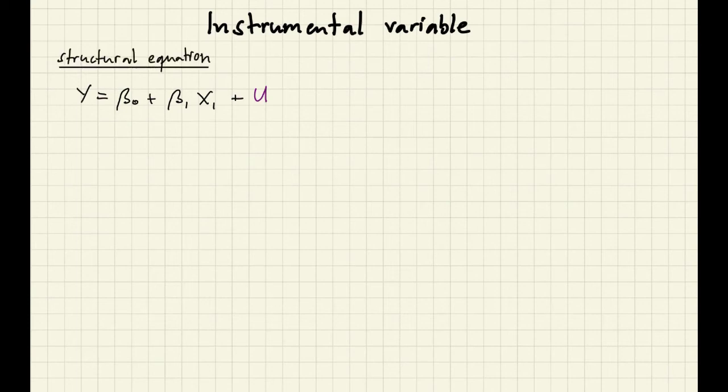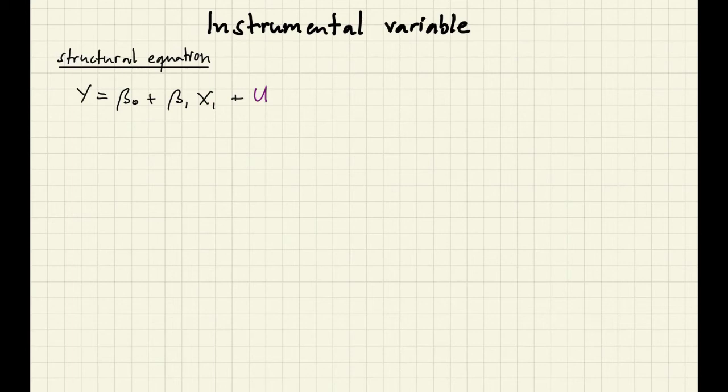By using the word structural equation rather than the word linear regression model, we emphasize that we really believe that beta 1 represents the causal effect of our variable of interest x1. We are willing to accept the risk that this interpretation of beta 1 forces us to write down a u that renders the variable of interest x1 endogenous, in the sense that the exogeneity assumption for OLS regression is not satisfied.